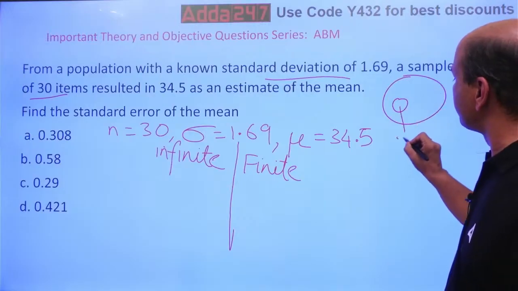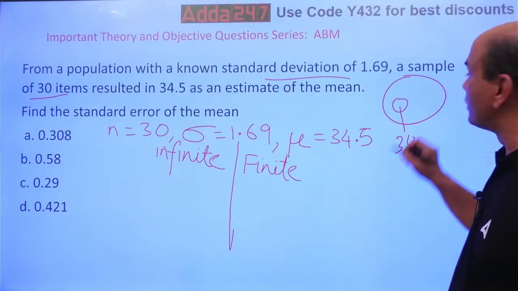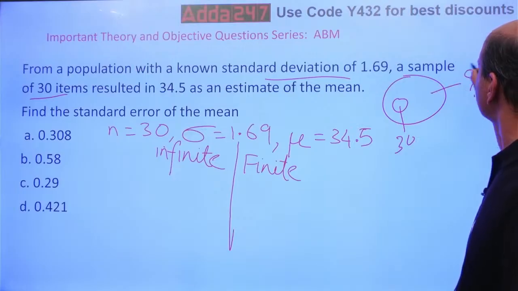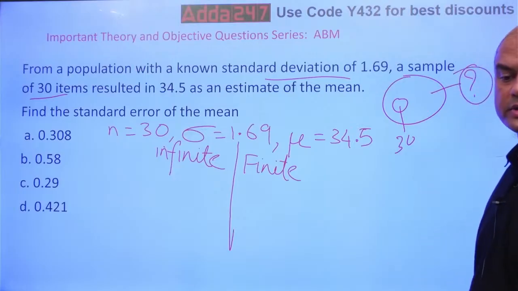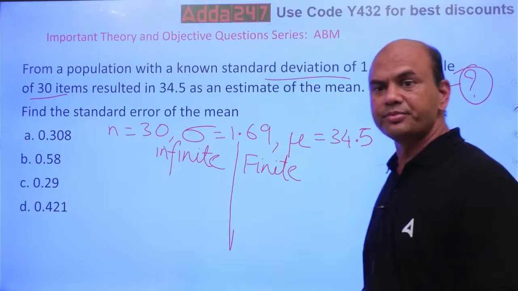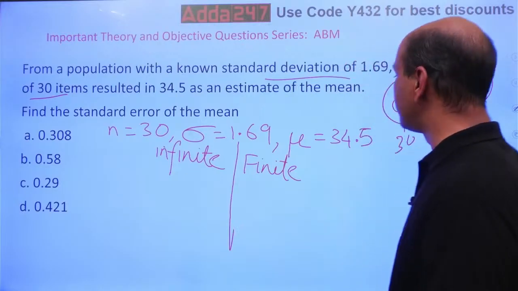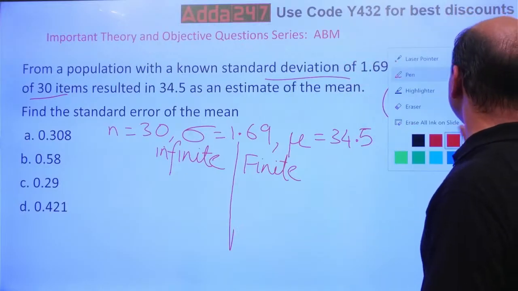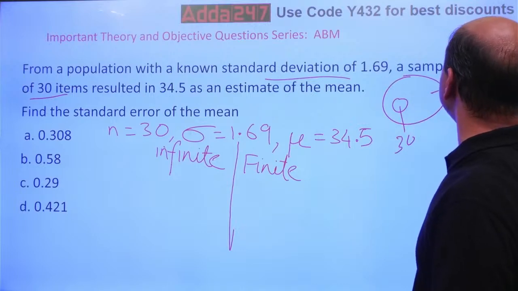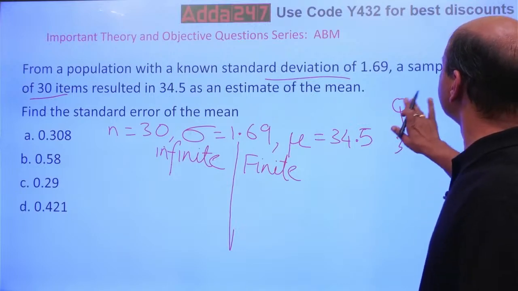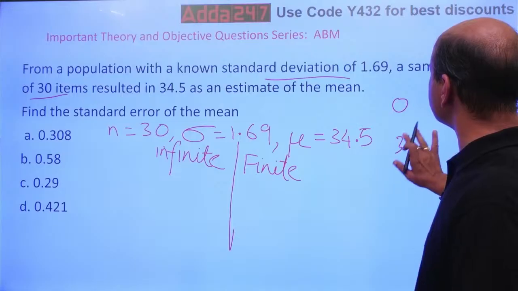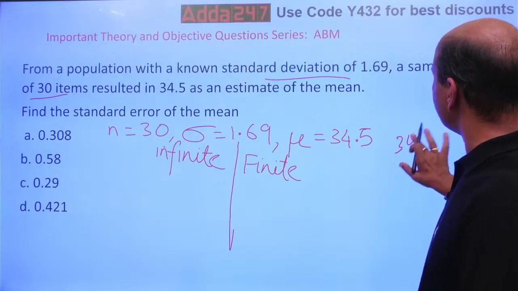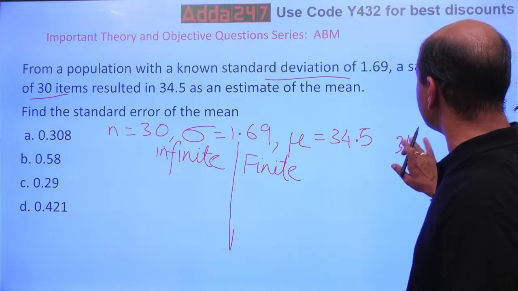You know 30. Do you know this? You don't know, because it's not given. When the number is not given, it means this is an infinite population.